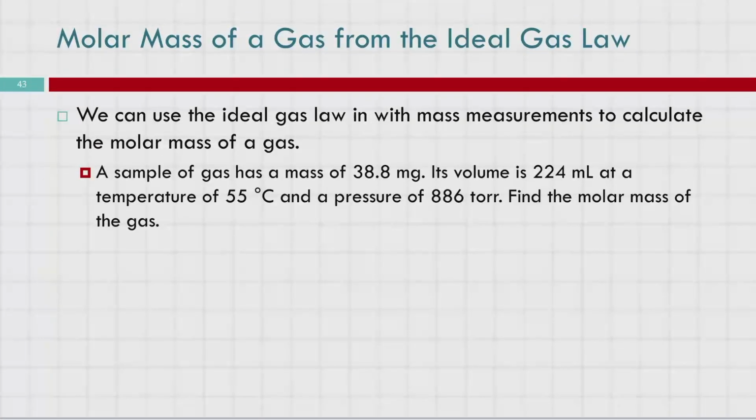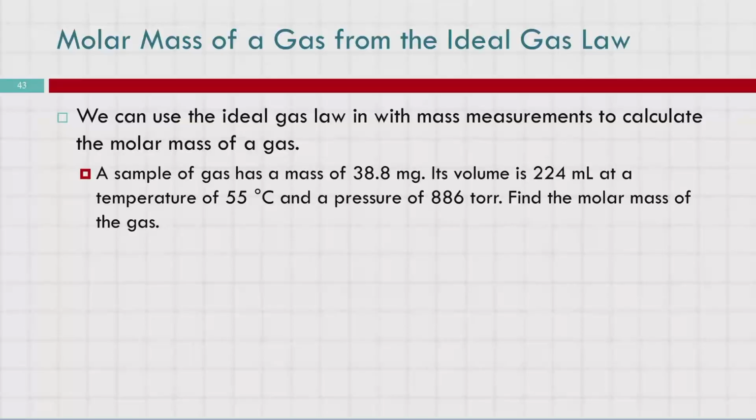All right. Some stuff that we can do with the ideal gas law that's fun and cool to me, but maybe less fun and less cool to you, is we can use the ideal gas law in addition to mass measurements to calculate the molar mass of a gas.